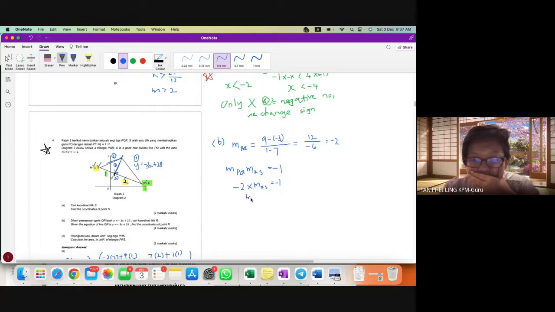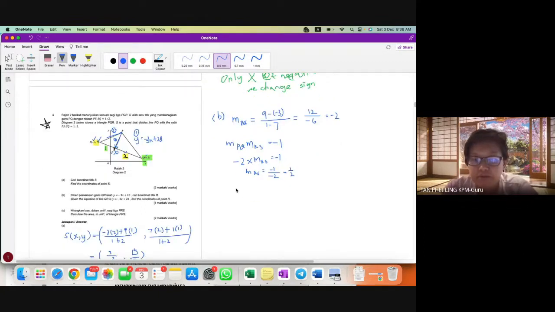So I can find my MRS to be negative 1 divided by negative 2, which will be 1 over 2. So that is MRS. So now found already. Remember, I always like to find y equals mx plus c. So I'm going to put in my y. So here I write down first, I'm finding the equation for RS.